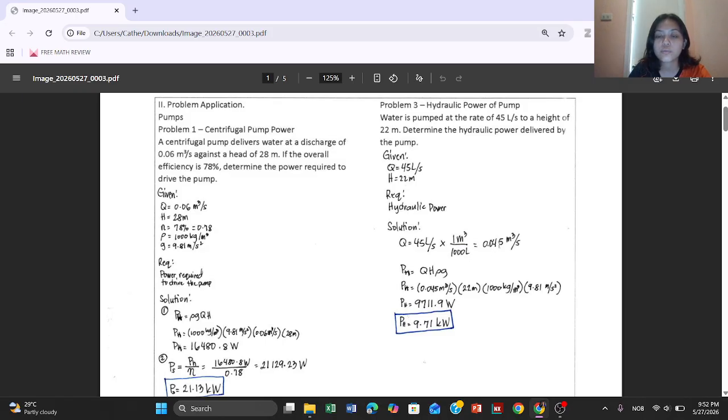And for the hydraulic power formula, we have the discharge times the head, or the height, times the density times gravity, and we can get 9.71 kilowatts for the hydraulic power.